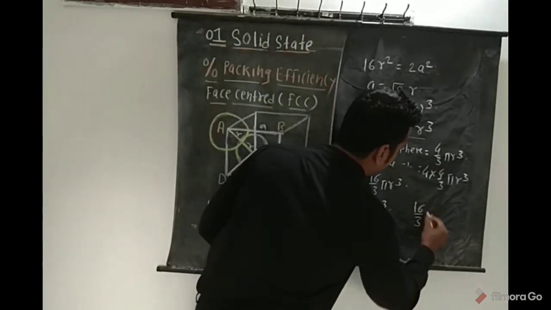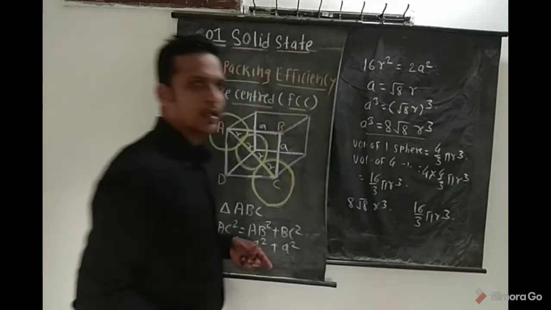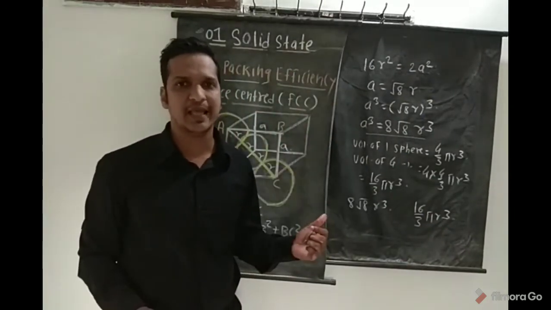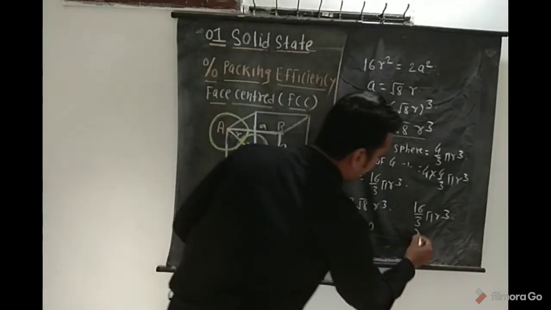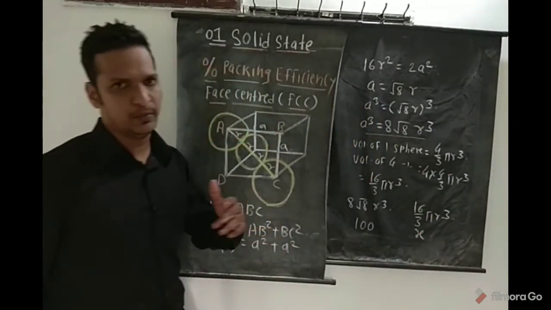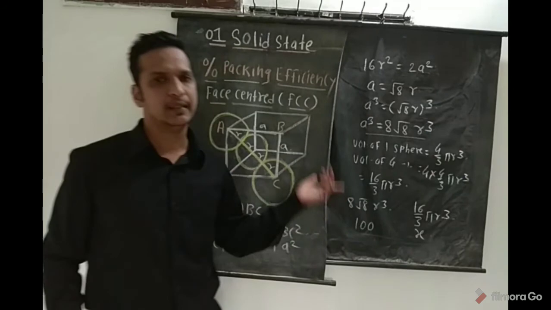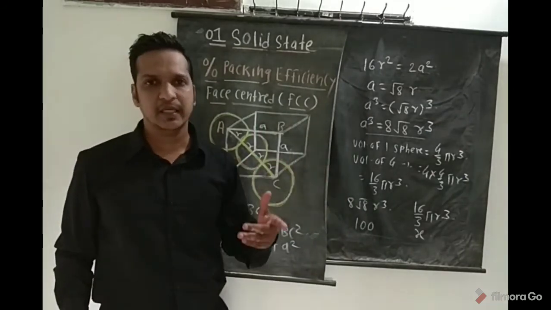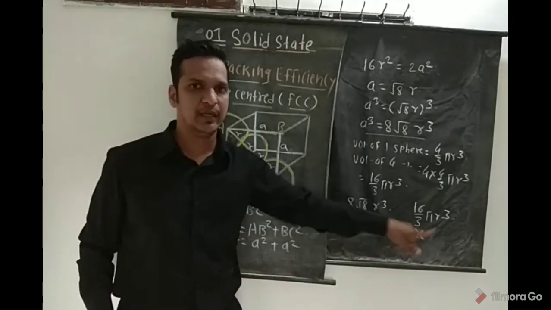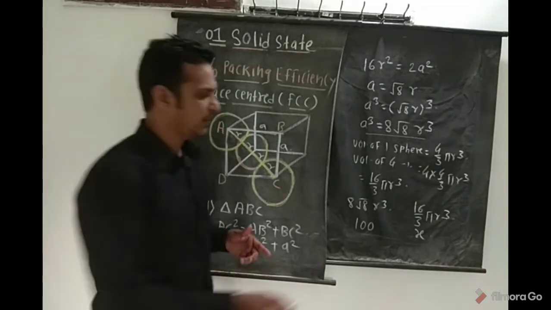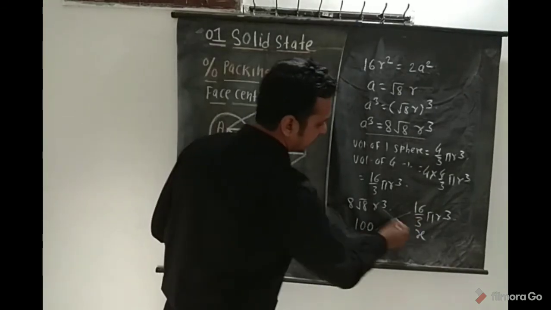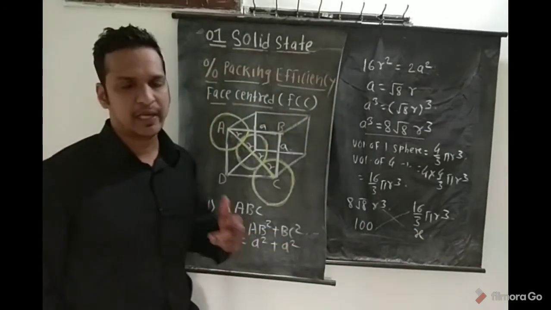So out of 100 it occupies x volume, so we get the value in percentage form. Here we have to calculate the value of x by using cross multiplication.